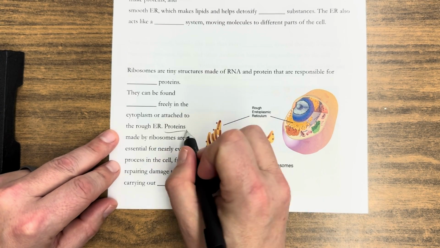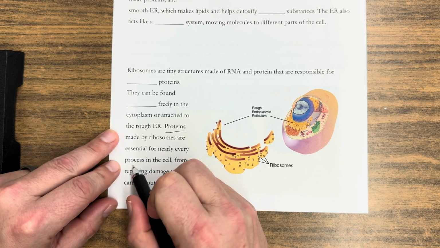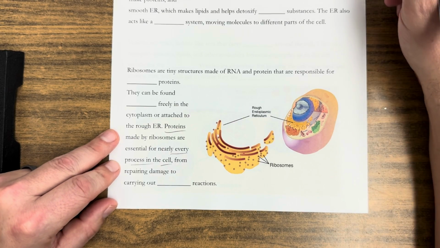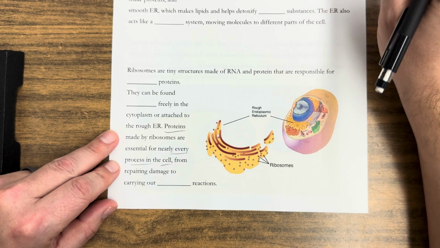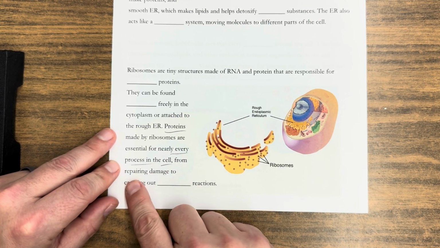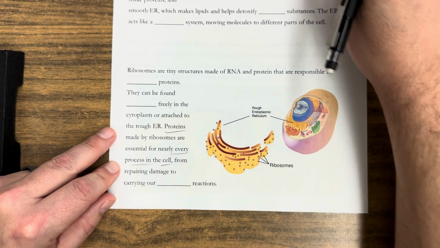That's important. Proteins are responsible for nearly every process in the cell. Again, most of our DNA is coding to build proteins, from repairing damage to carrying out chemical reactions.